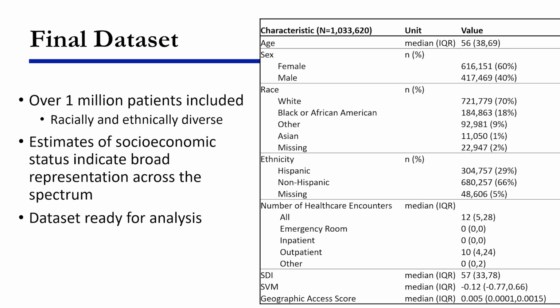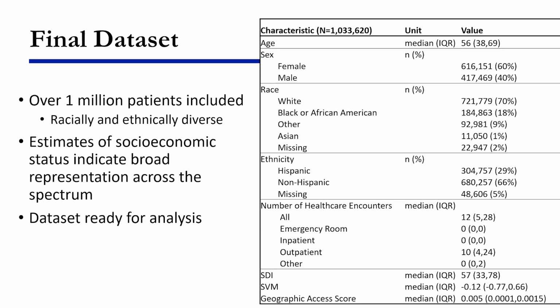And you can see here our final data set. Again, I don't want to go through every specific characteristic, but just want to show we have 1 million patients, pretty diverse, both from a racial and ethnicity perspective, but also as far as the medical service or underservice level. So for instance, SDI is on a scale of 1 to 100, with 50 being kind of in the middle.